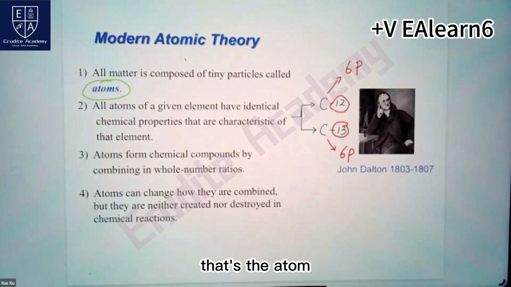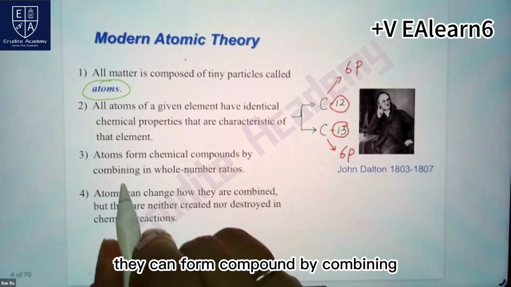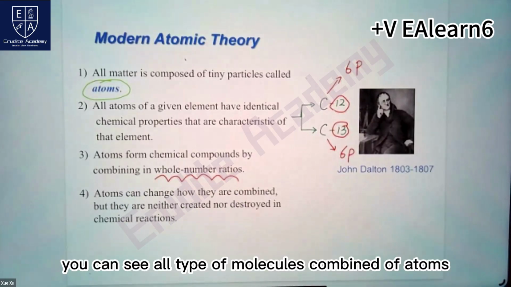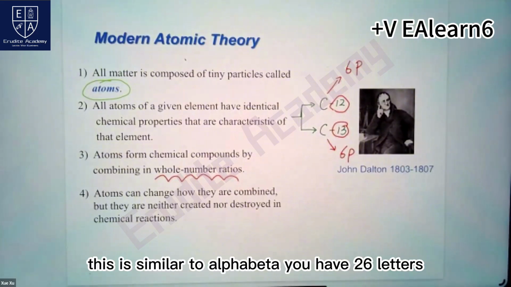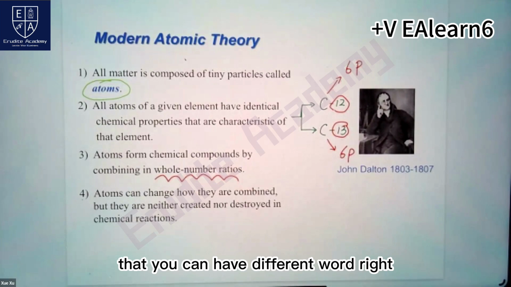That's the atom. Atoms form chemical compounds. They can form compounds by combining in whole number ratios. You can see all types of molecules are combinations of atoms. This is similar to the alphabet. You have 26 letters, but they can combine in a variety of ways so that you can have different words, right?